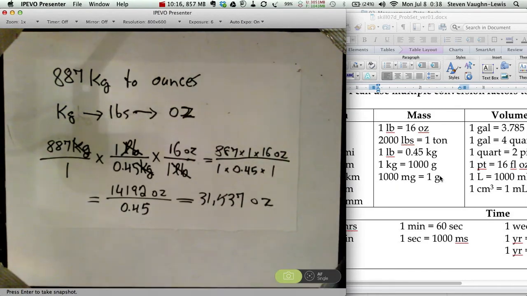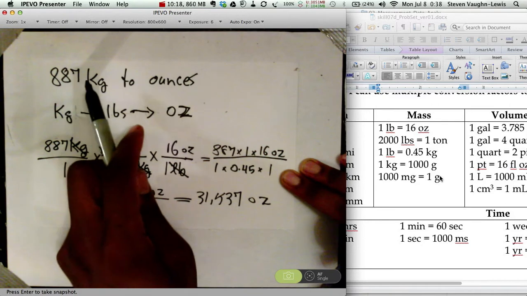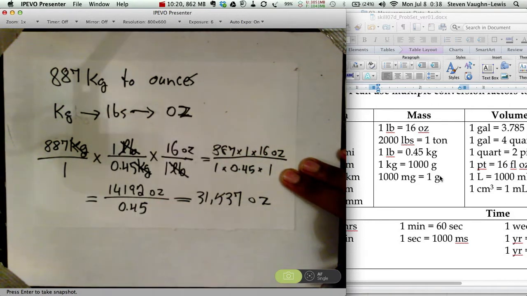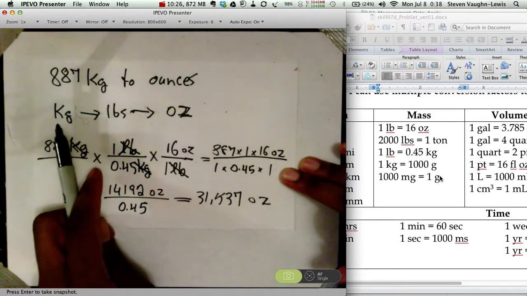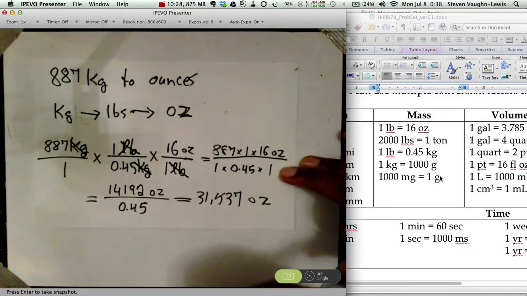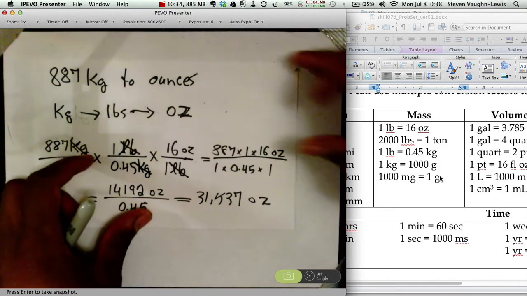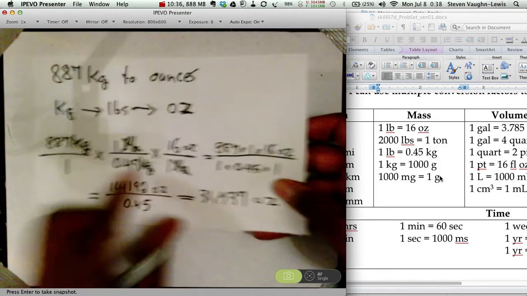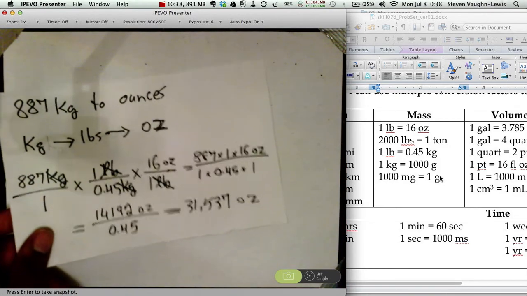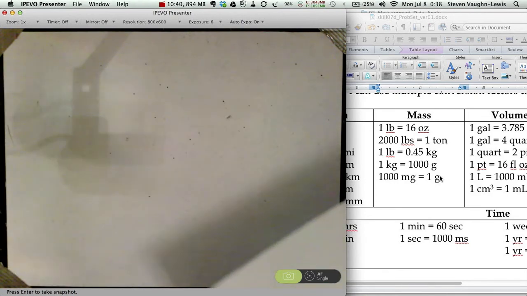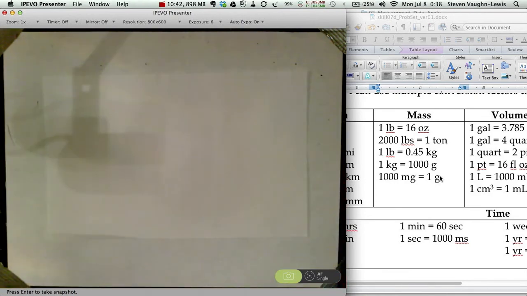So if I convert from 887 kilograms to ounces, then I'm going to get 31,500 ounces. And I did that by going from kilograms to pounds to ounces. So if you understand it, then you can go on and finish with your practice. If you don't, stay tuned because I'm about to do another few examples.